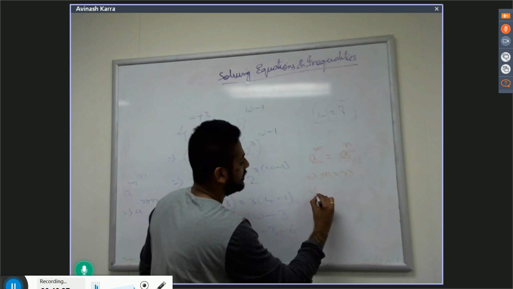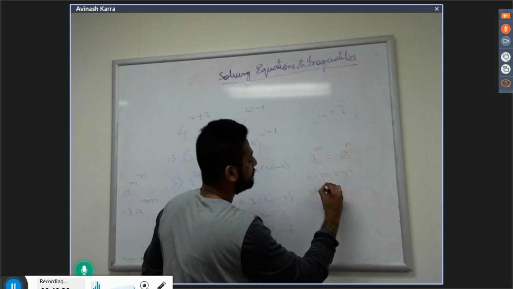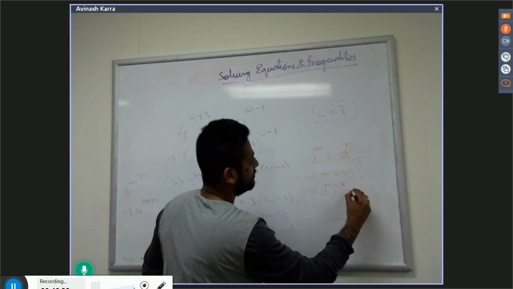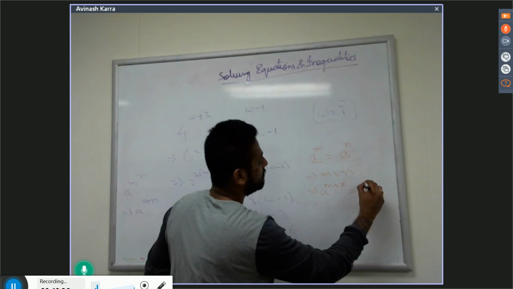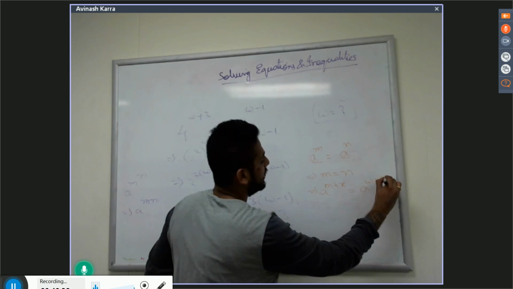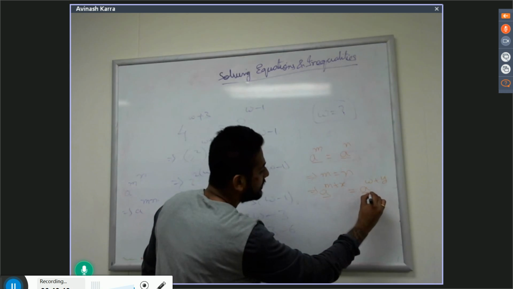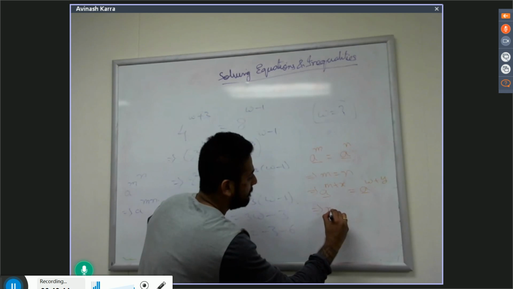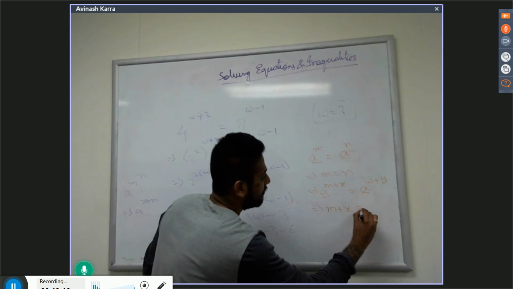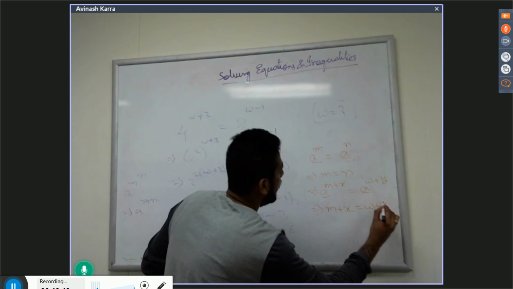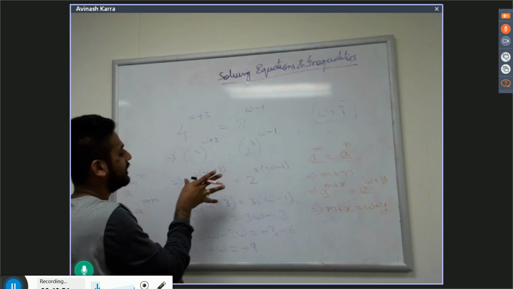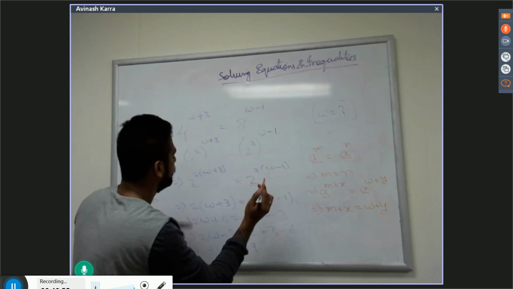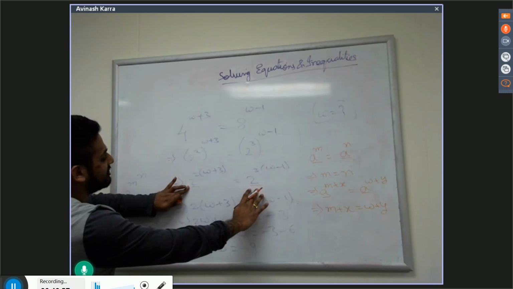The same way, if a to the power of m plus x is equal to a to the power of w plus y, when bases are equal, then powers are also equal, so m plus x is equal to w plus y. I'm applying the same formula here. What is the base here? 2. First, I'm making both bases equal.